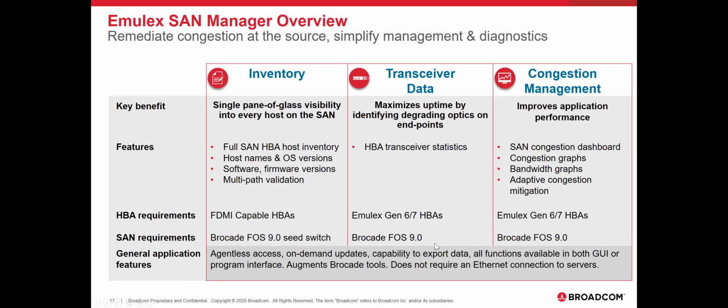So that's one critical requirement. For the inventory feature, all FDMI capable HBAs will respond. So there is no special requirement for inventory. But for transceiver and congestion management, you will need a managed HBA. You will need an Emulex Gen 6 or Gen 7 HBA.